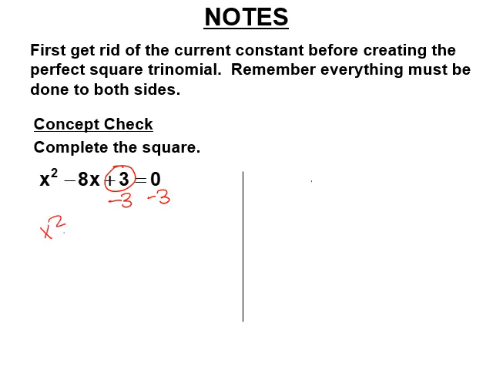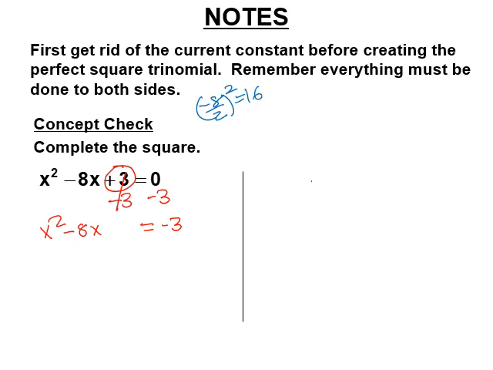So we're going x squared minus 8x. We're going to leave a space and then write that equals negative 3. We're going to fill that space with the completed square. This is the same one as the last screen. Negative 8 divided by 2 is negative 4. Negative 4 squared is 16.